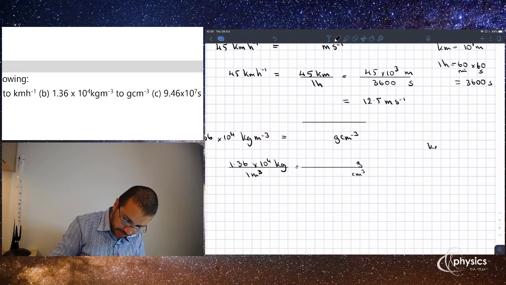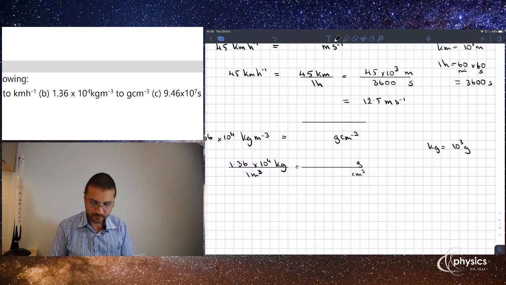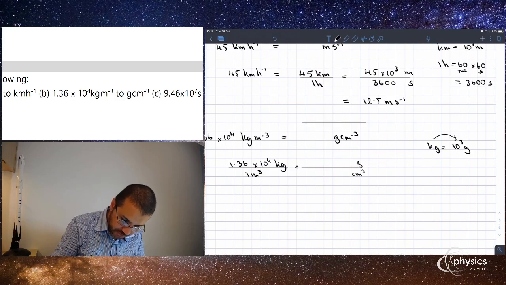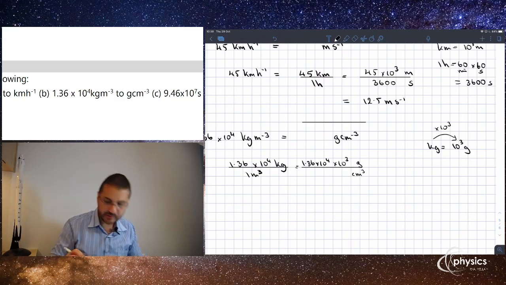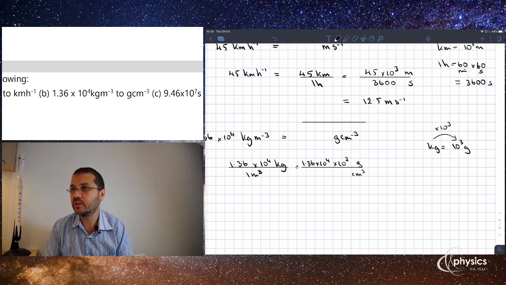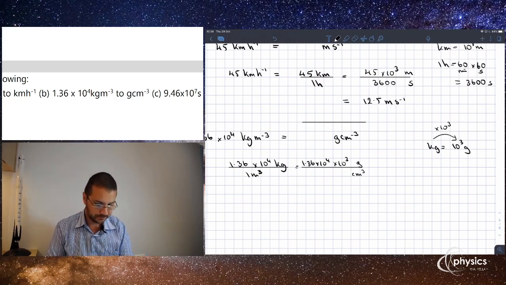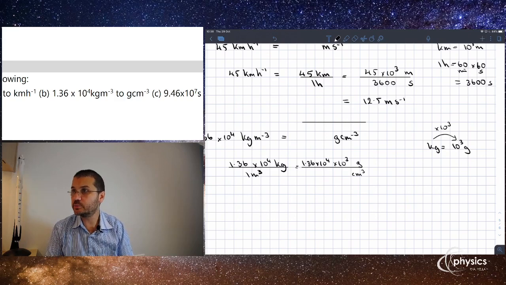Kilogram is 10 to the 3 grams. To move from kilograms to grams, we have to multiply by 10 to the 3. So 1.36 times 10 to the 4 times 10 to the 3. In this manner, we have changed kilograms into grams. Now I have to change meter cubed into centimeter cubed.